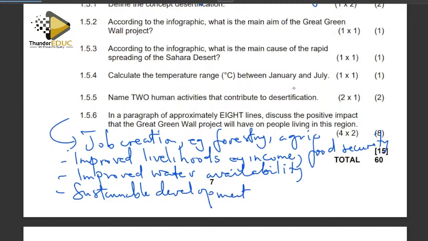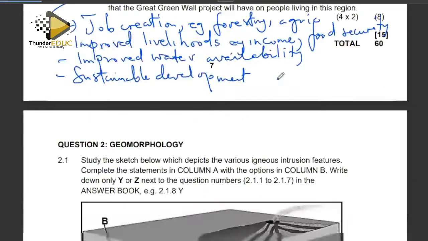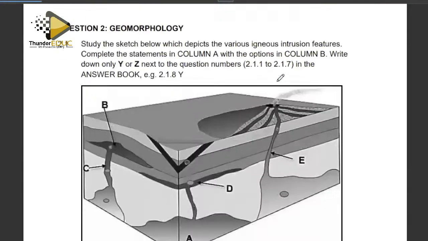Long-lasting development. The area will keep on developing because of that project. Right, so we can argue on those reasons to justify the benefits of that project to the area.